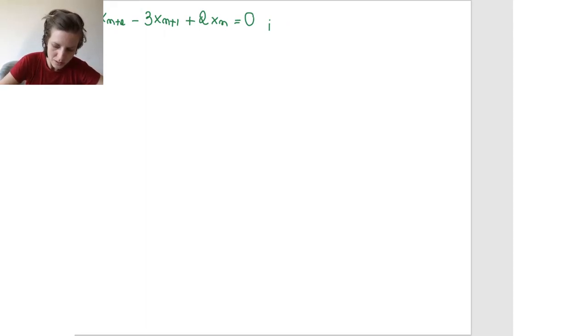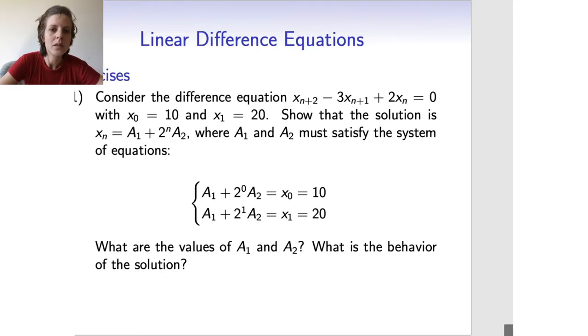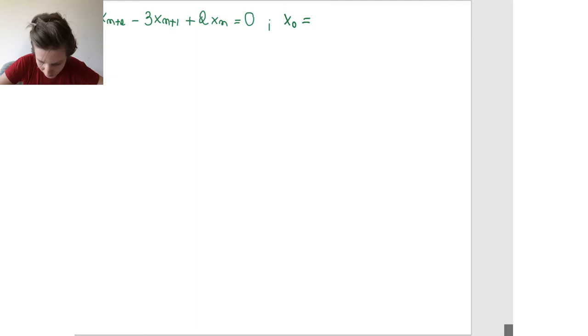So because it's a second order, we have to put 2 initial conditions. So x0 is equal to 10 and x1 equal 20.